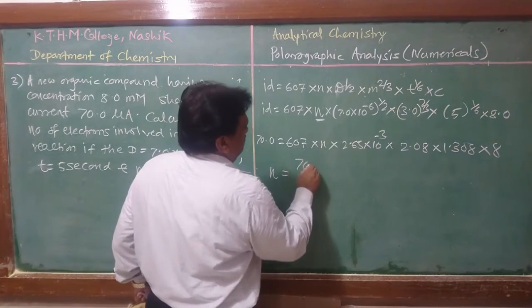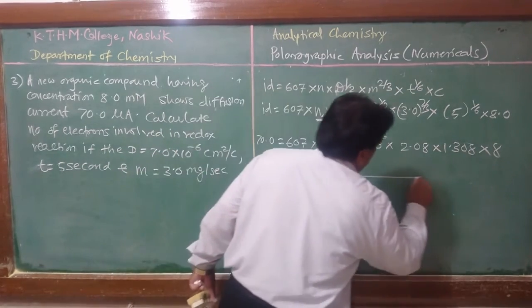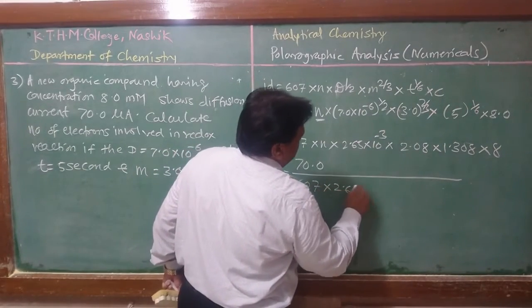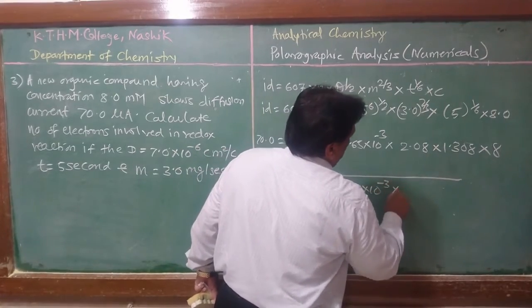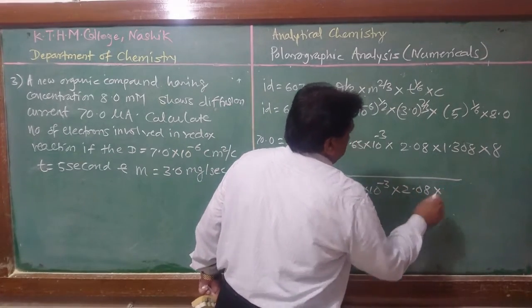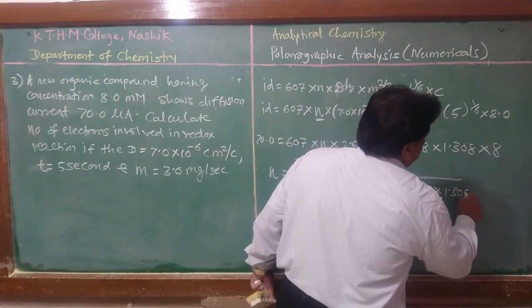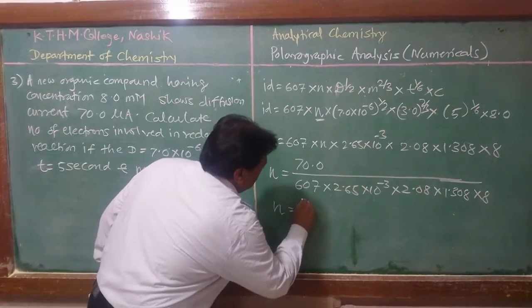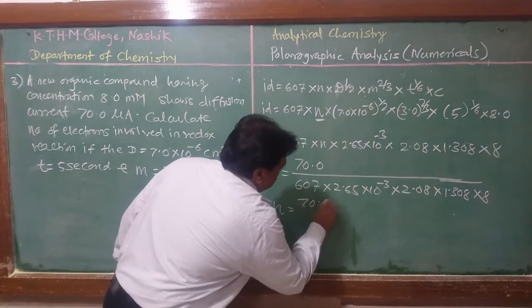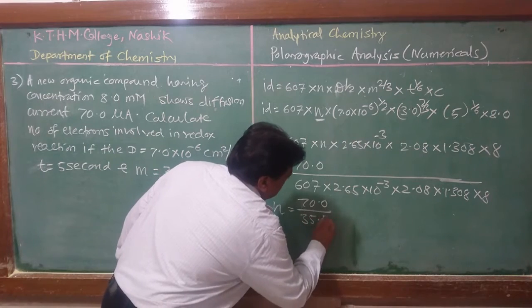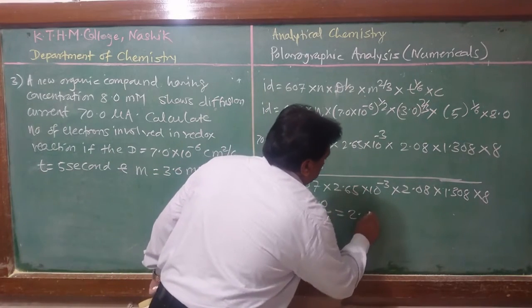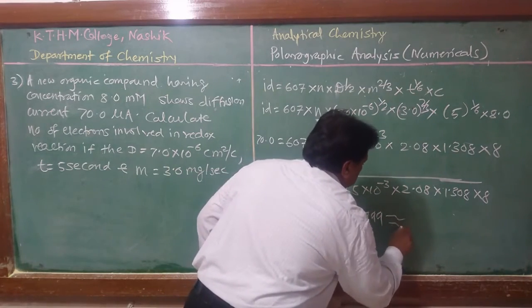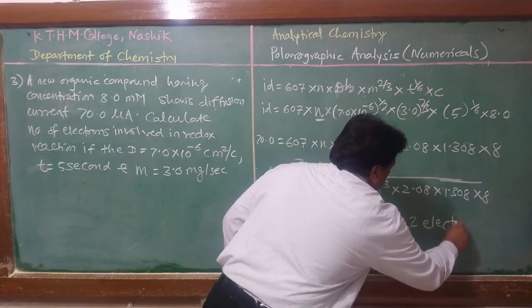Therefore, n is equal to 70.0 divided by 607 into 2.65 into 10 raised to minus 3 into 2.08 into 1.308 into 8. When we simplify this, n is equal to 70 upon 35.01, which is 1.999, approximately equal to 2.